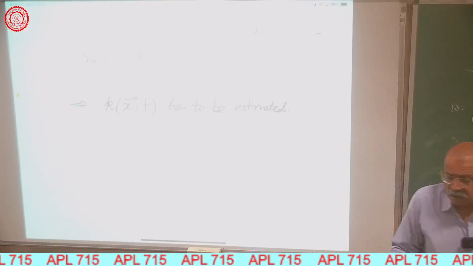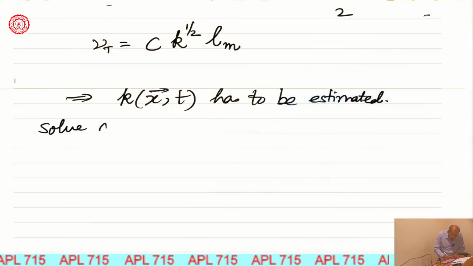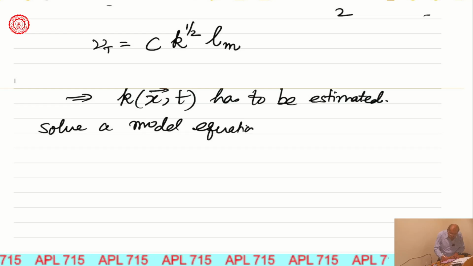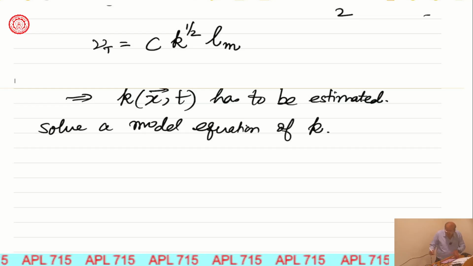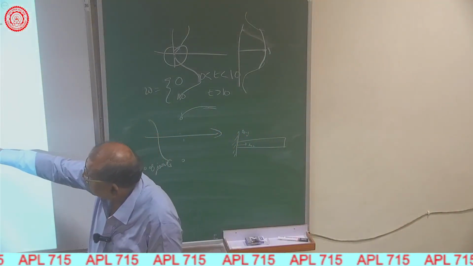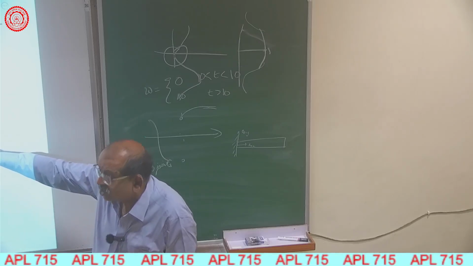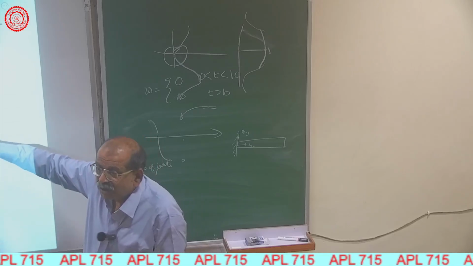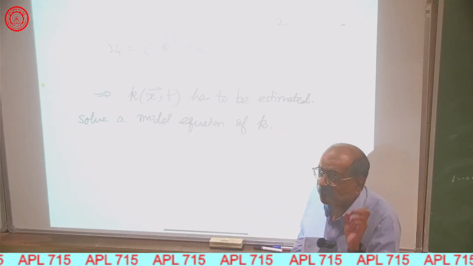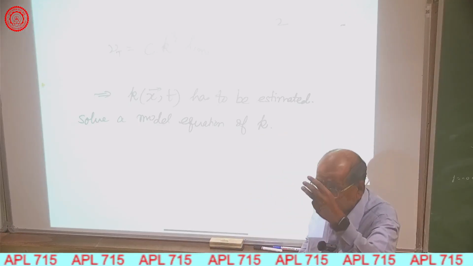Now, instead of writing a model for K, what we do is that we solve a model equation for K. So instead of writing K as some function of mean velocity, we actually solve another differential equation for K. So you realize the model will become more complex. You have to solve an extra equation. Earlier we were solving only 4 equations.